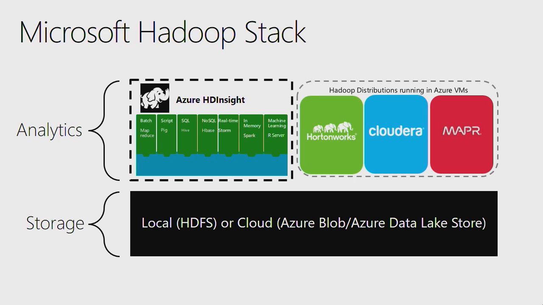What that means is the nodes that you run are only used for compute, and for storage you typically use a network storage service, like in our case cloud storage such as Azure Blob or Azure Data Lake Storage.